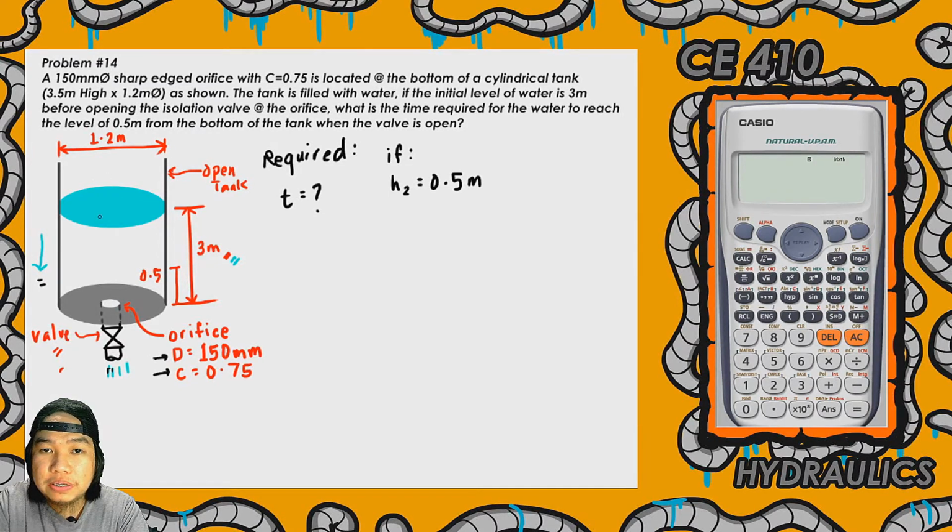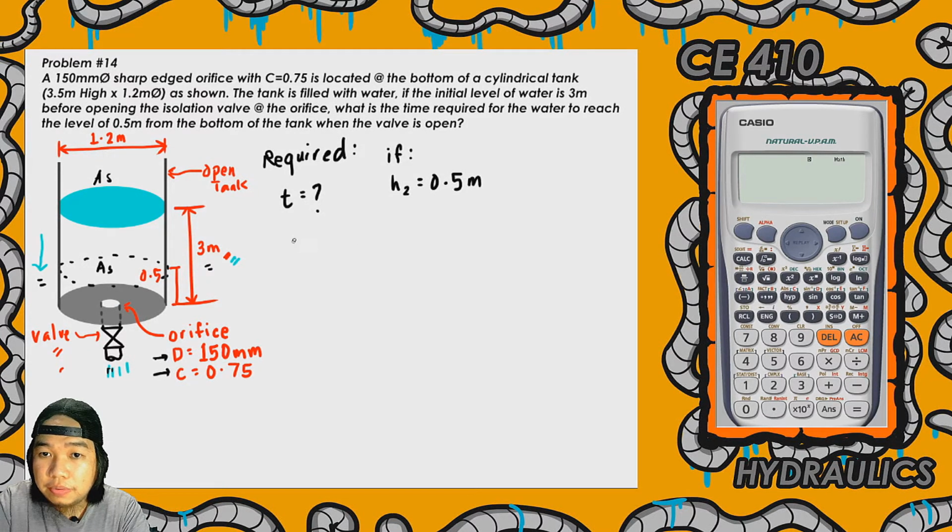So, kung mapapansin nyo, ito ay cylindrical tank. So, ibig sabihin, yung cross-sectional area niya is constant all throughout the height, from height 3 meters hanggang dun sa required which is 0.5 meters.